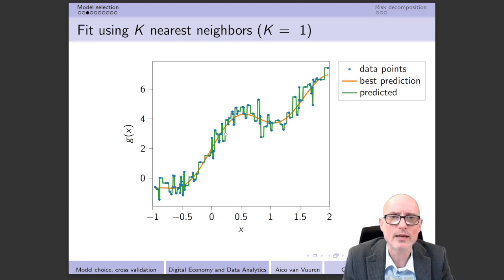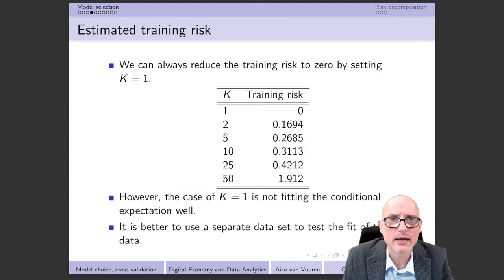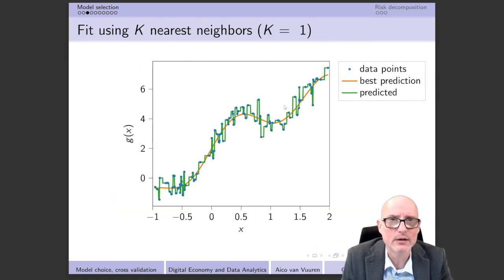And we should take into account that by looking at, say, the training risk that we have over here, we actually try to predict things that we already know did happen in the past. We do already know our data set over here, and that makes it very simple to make predictions.